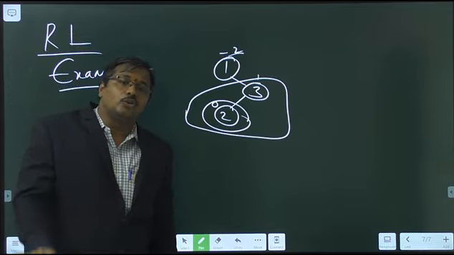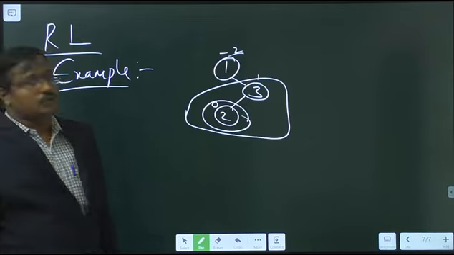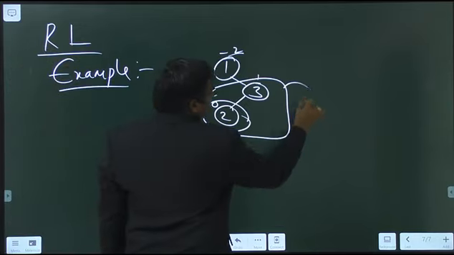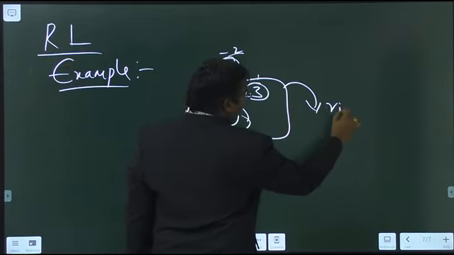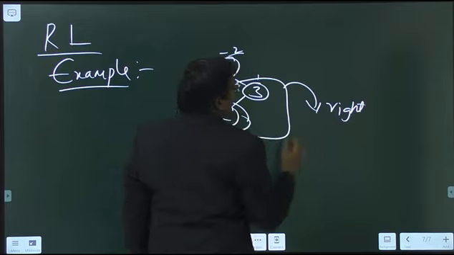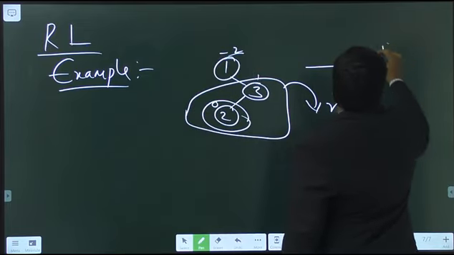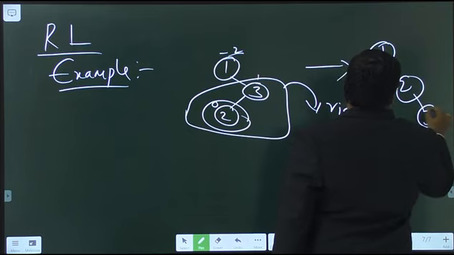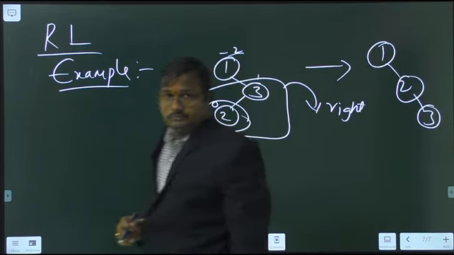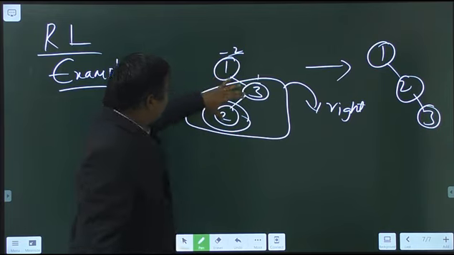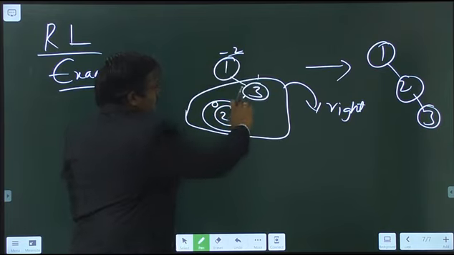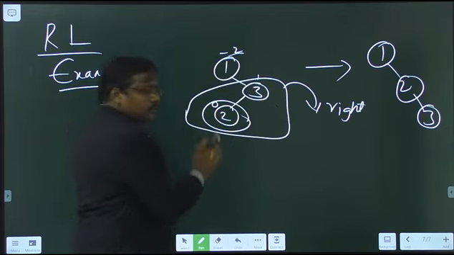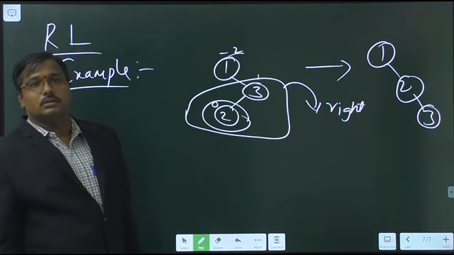Here also we need to do a double rotation. So what is the rotation? First rotation towards the right. What is the resultant tree you are getting? 1, 2, 3. When we rotate this subtree towards the right, 2 becomes the parent node, 3 becomes the child node.